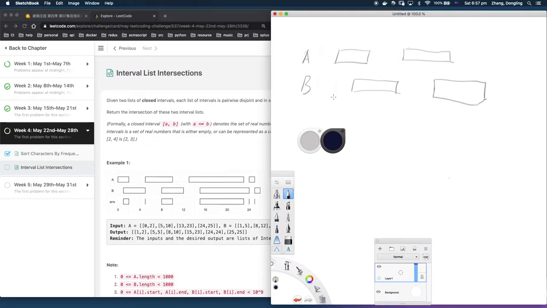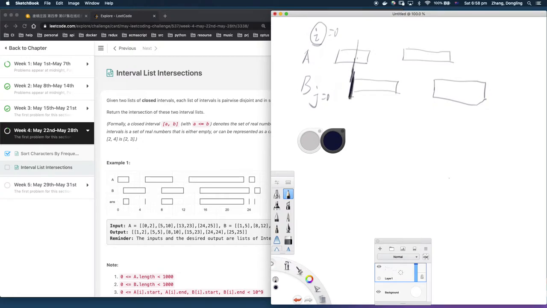So what are we going to do? We are going to use two pointers. Remember that I is the pointer for the array A, and J is for the B. So we first start with I equal to 0 and J equal to 0. They are always paired and sorted, so we pick up the first interval, we get the 0.